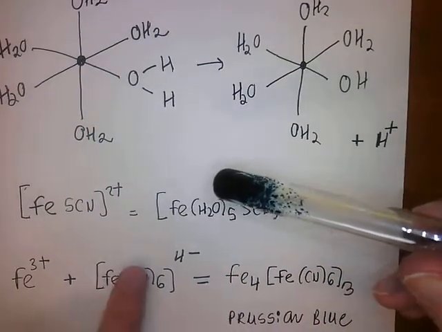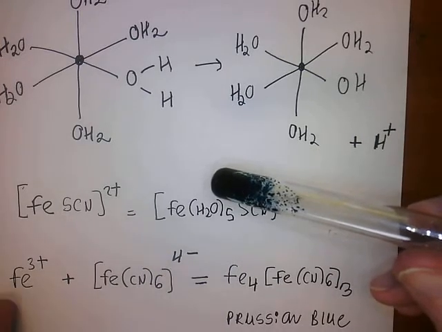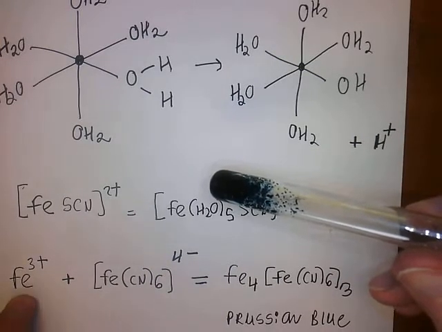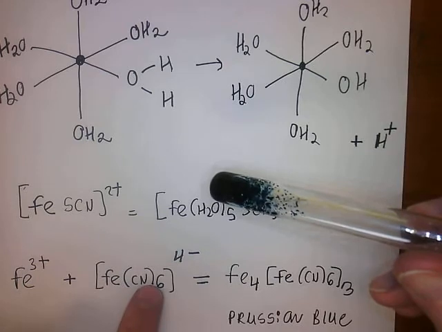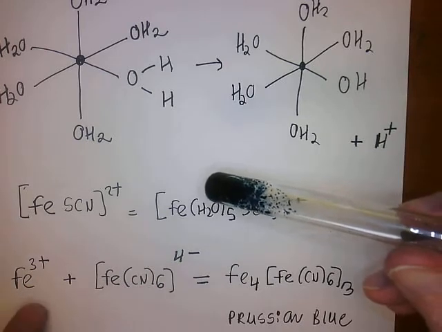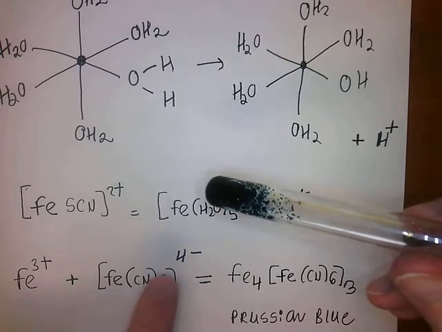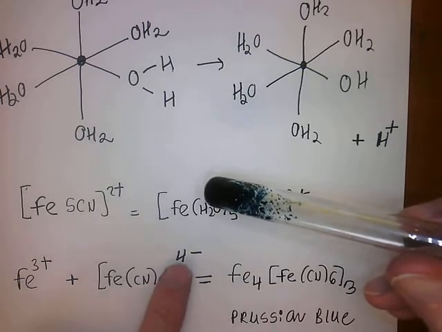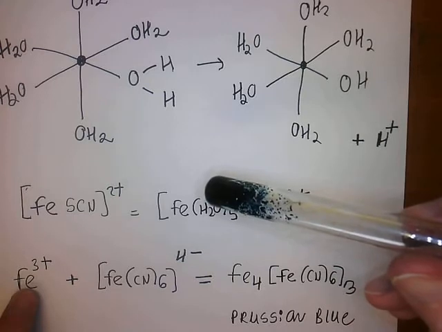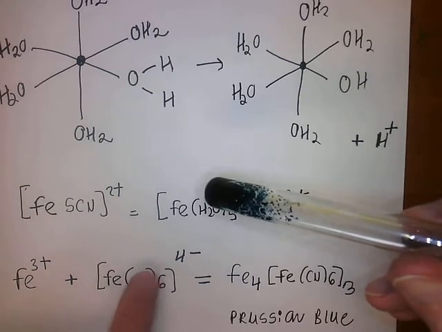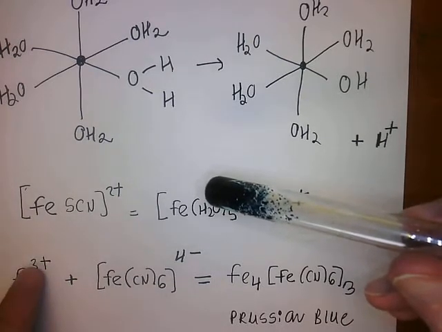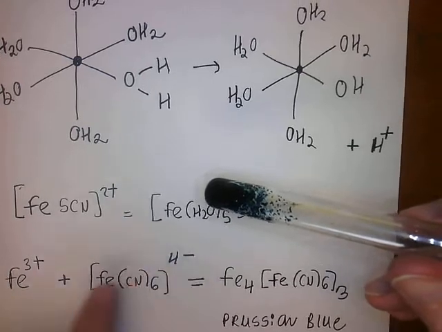The only way to get the charge to balance is to have 4 of these and 3 of these, because 4 times 3 is equal to 3 times 4. One more time, we have 4 of these and 3 of these, because 4 times 3 is equal to 3 times 4, 12 and 12.